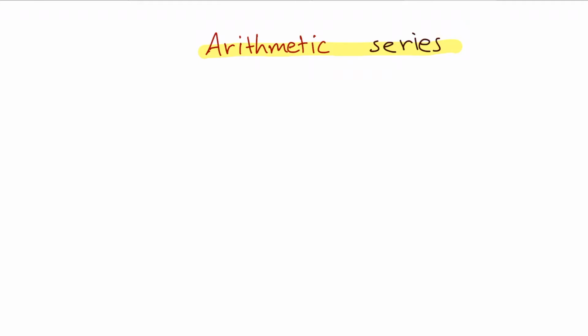Lesson 2. Arithmetic series. Let's say we have the simplest of arithmetic sequences, 1, 2, and 3, and we're going to go all the way to n. What I want you to think about is, what is the sum of this sequence going to be?